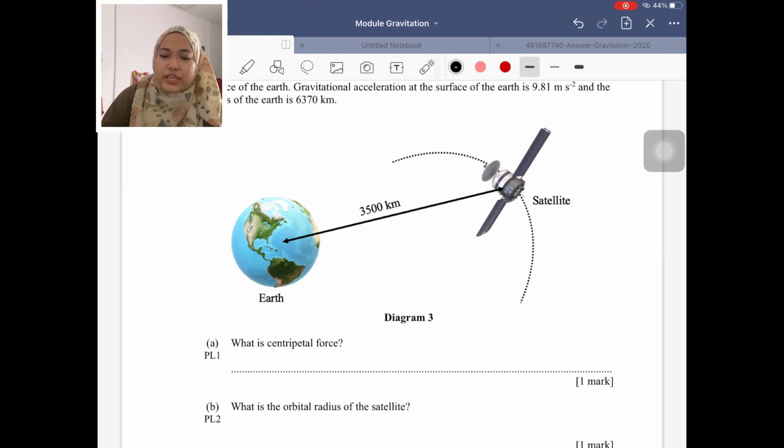Okay, so the question asks us, what is the definition of centripetal force?